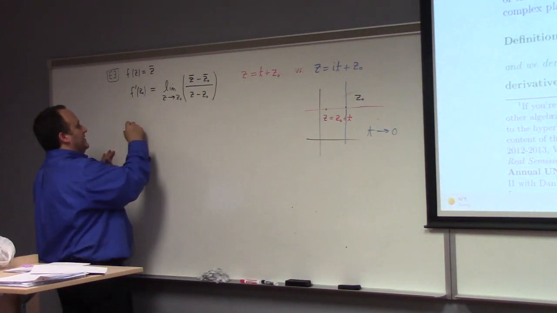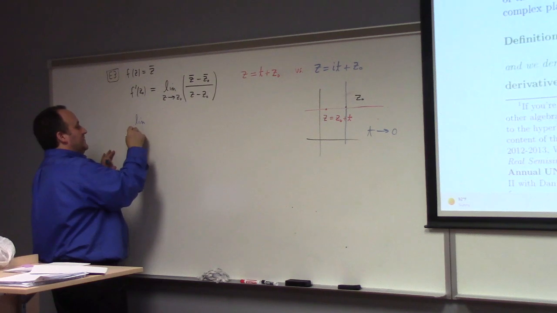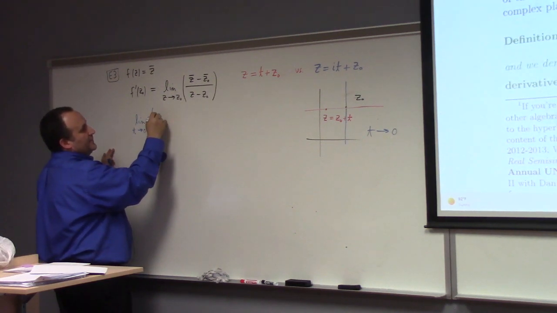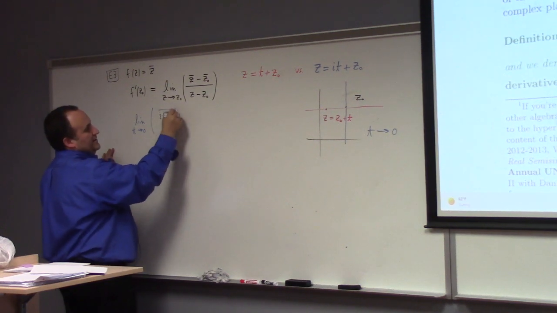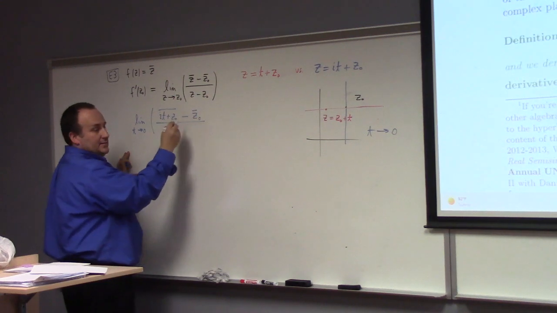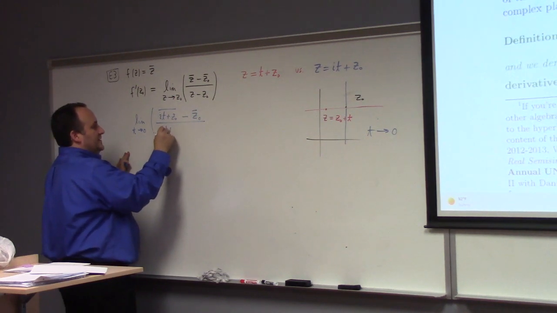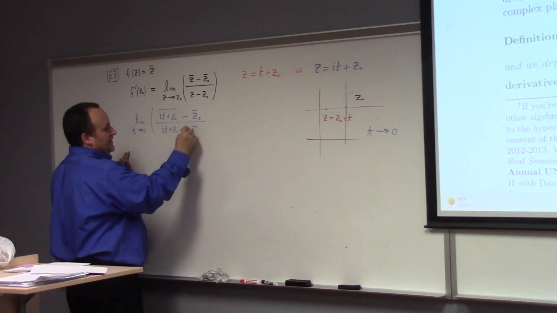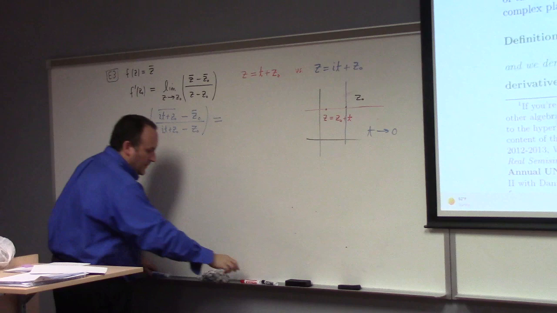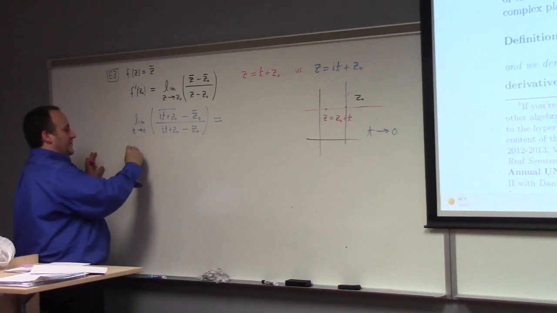So if we look at the limit as t goes to 0 of it plus z naught conjugate minus z bar naught divided by it plus z naught minus z naught, what do we get? Versus what happens if we look at the other path limit.